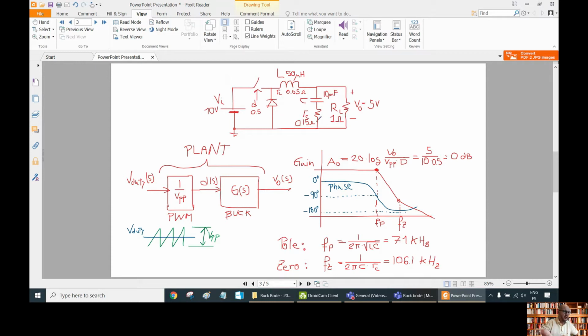We have the diode. The series resistance of the inductance is around 50 milliohms, and the series resistance of the capacitor is 150 milliohms, and our load resistance is 1 ohm. So we are going to obtain 5 amperes through the load with a power of around 25 watts.